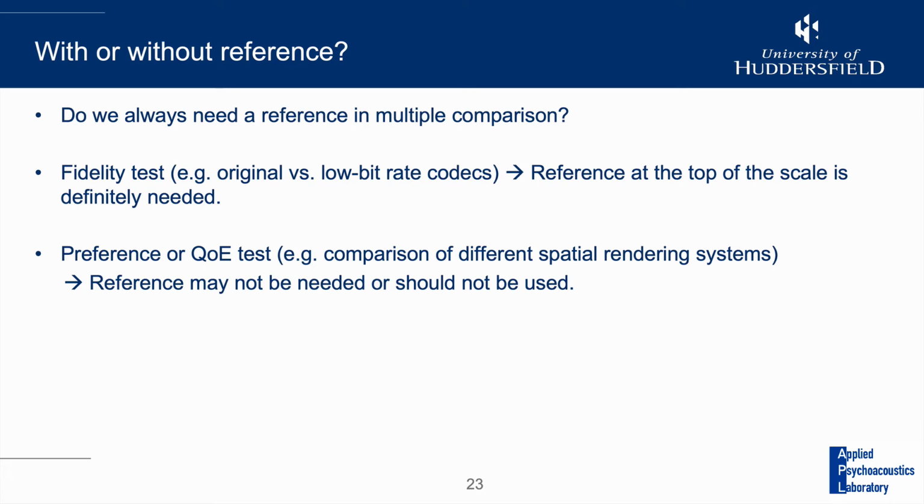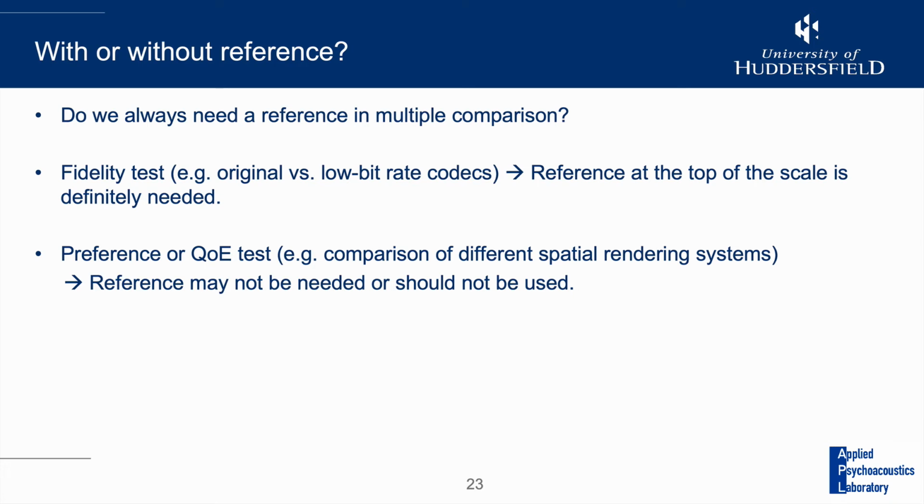Then the reference is definitely needed. And in this case, regardless of whether we prefer the impaired version or not, if there is any perceived difference, the stimulus should be graded lower than the reference.